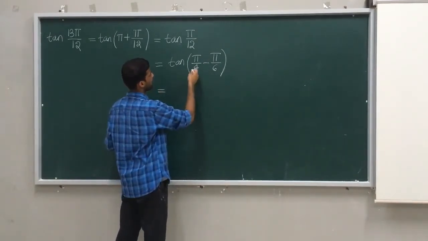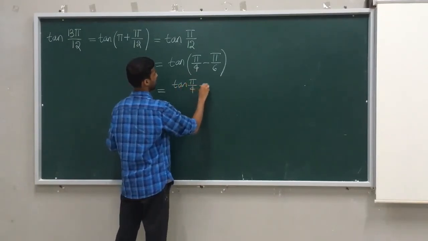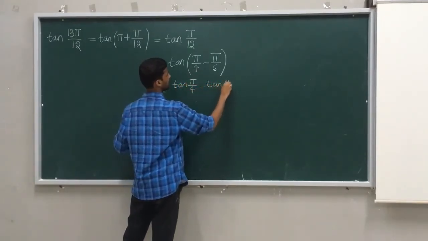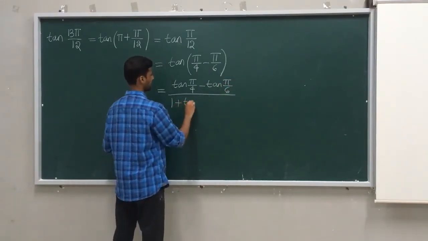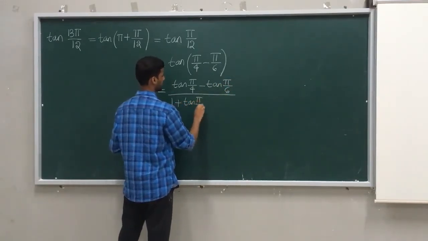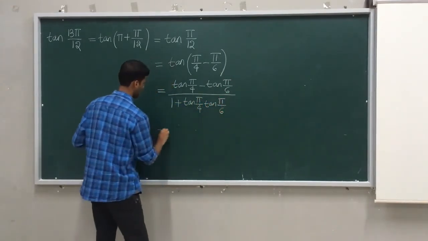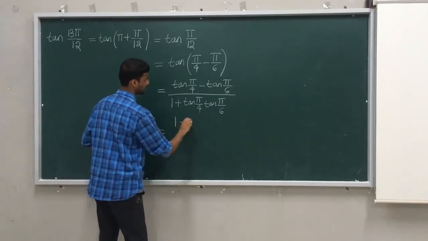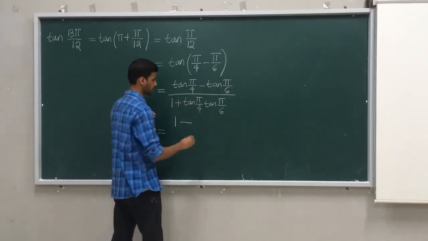So tan of x minus y is tan x minus tan y divided by 1 plus tan x tan y. Okay, so tan 45 is 1 minus tan 30, which is sin 30 divided by cos 30, 1 by root 3.